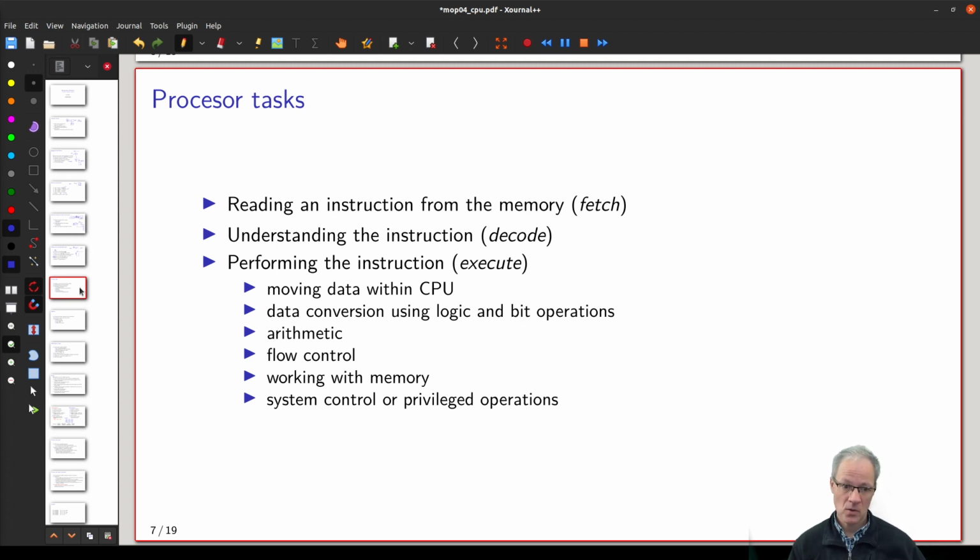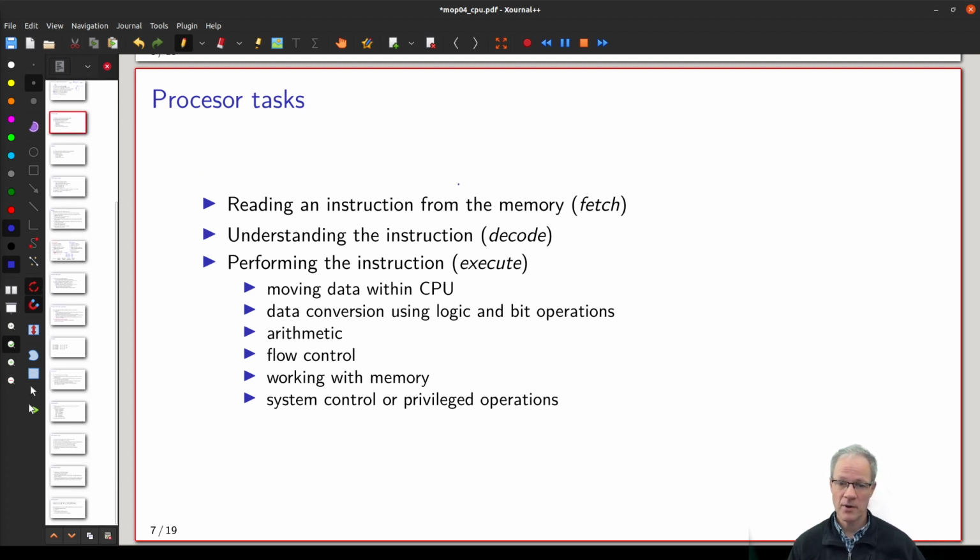All right, so let's see what the processor's responsibilities are. When a processor is about to run our program, I said before, it doesn't know what the program is. All it can do is first read an instruction from the memory.